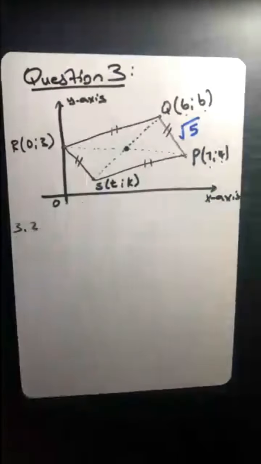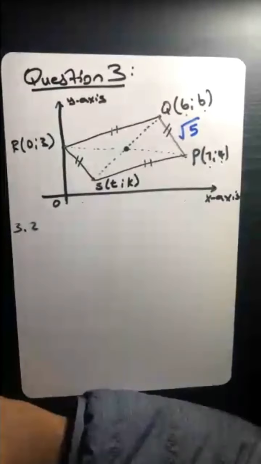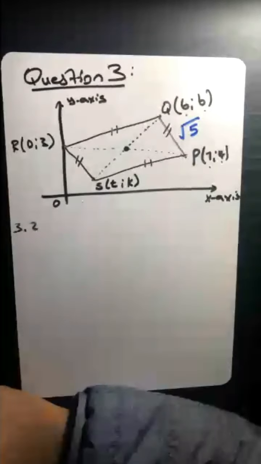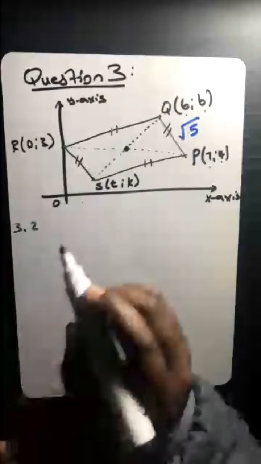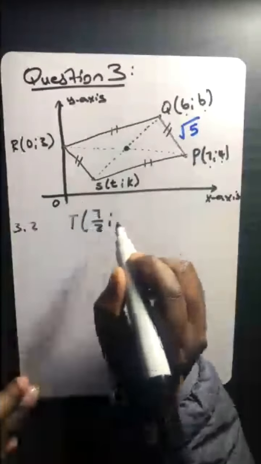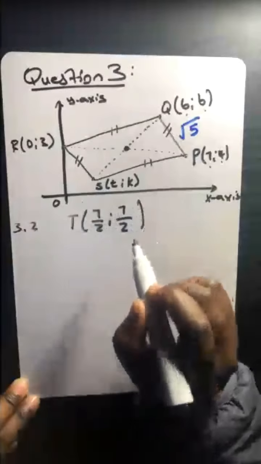Let's now try to move to question 3.2. So question 3.2, guys, says, very, very much important, if T is a point which has got the coordinates 7/2. Okay, so they say T has got the coordinates 7/2 and again 7/2.